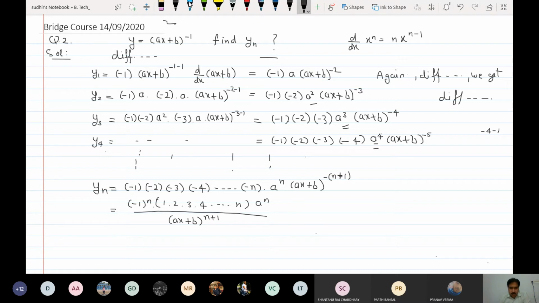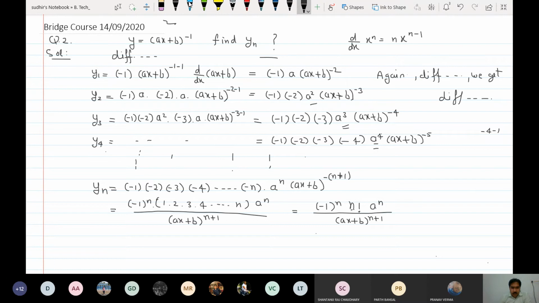Now the power is positive. So we can write it as minus 1 raised to the power n. This product can be written as n factorial, and then a raised to power n upon (ax plus b) raised to the power n plus 1.